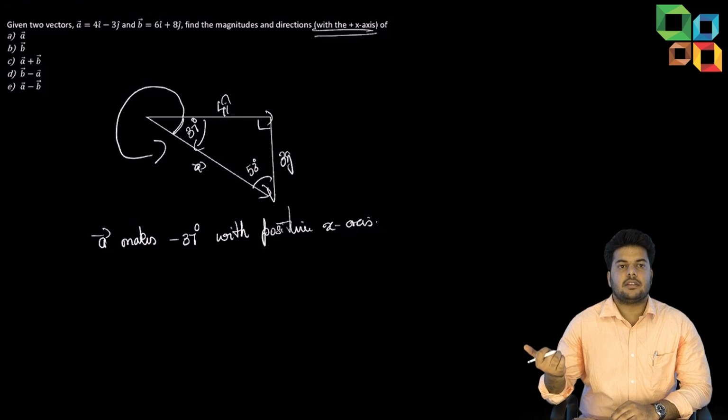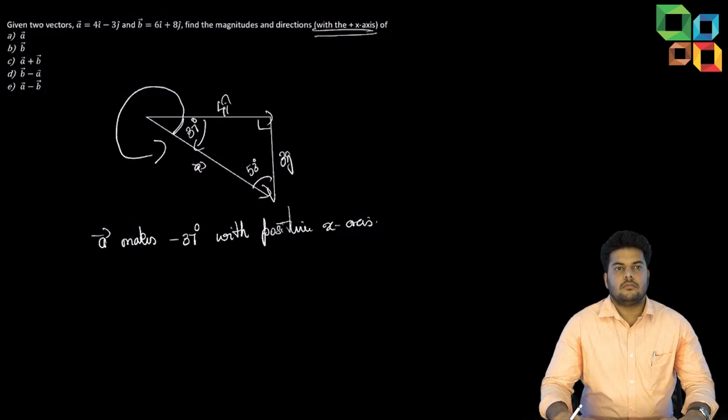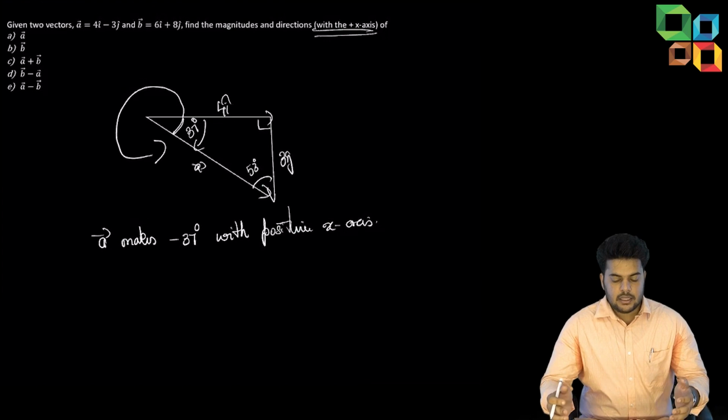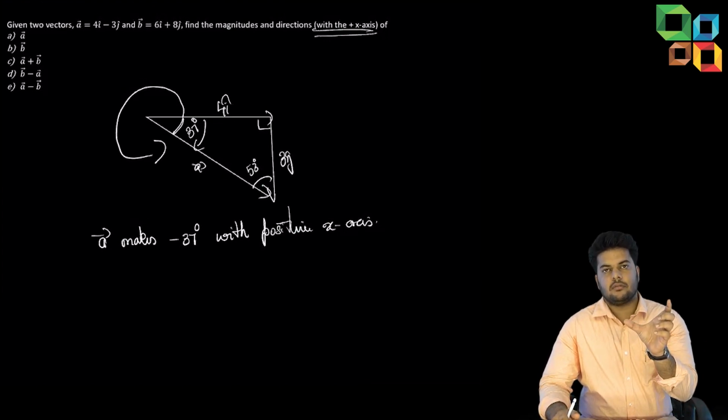Because why write right side as the positive and left side as negative? Sir, how is it going to say the direction? Now I know the size of the arrow, isn't it? What is the size of the A vector? 5. Okay. See, vector means what?